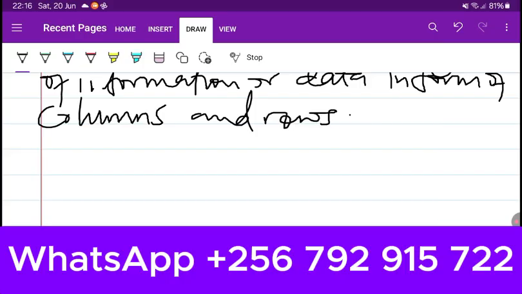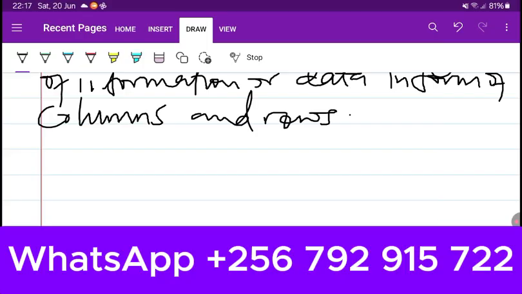So as long as the data has been presented in rows and columns, then we say that that information has been laid out in a tabular format or in a tabular form. So this is the simplest form of data display, just within columns and rows.